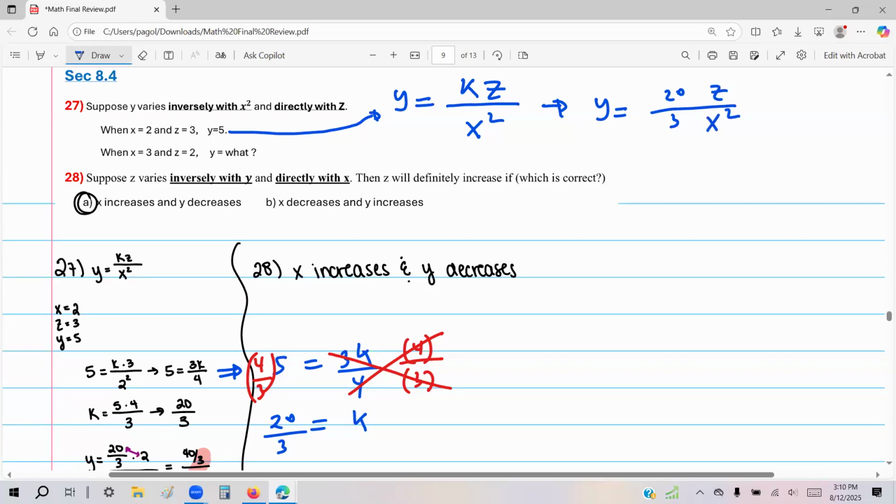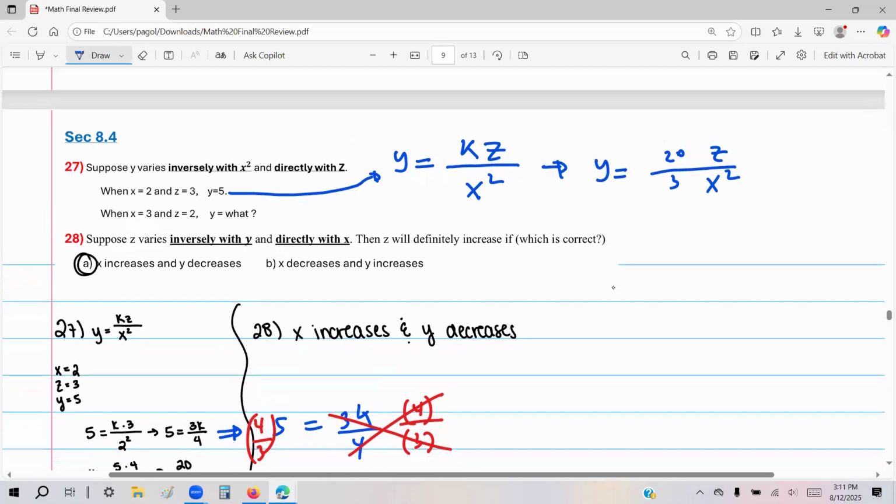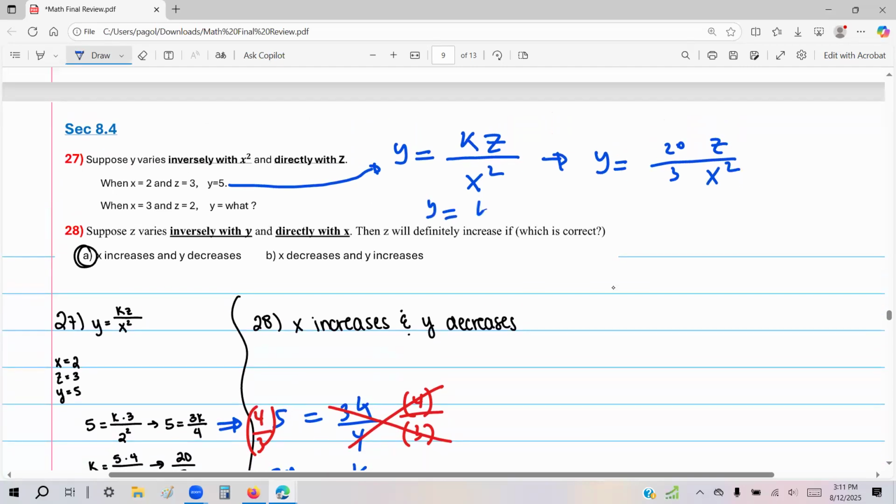Or in other words, this is the same as y equals k times z over x squared, right? This is what it means. k z over x squared means k times z over x squared. What is k? It's 20 over 3. And then you have z over x squared.